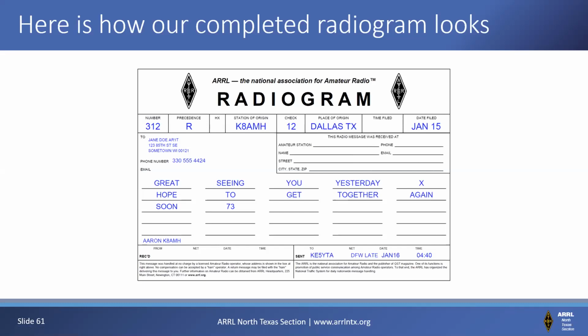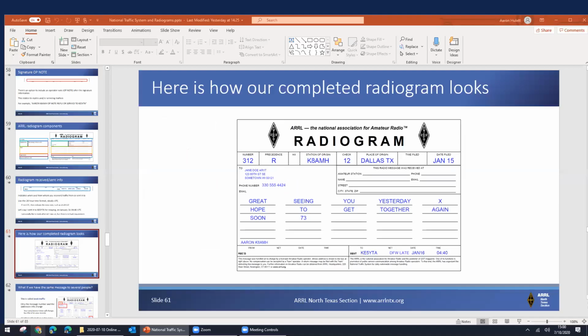And I'll buy you some time. I did not receive an email with the radiogram download or print. Okay, so if you go to k8amh.com/handout, oh, is that plural? Let me go find out because I don't remember.